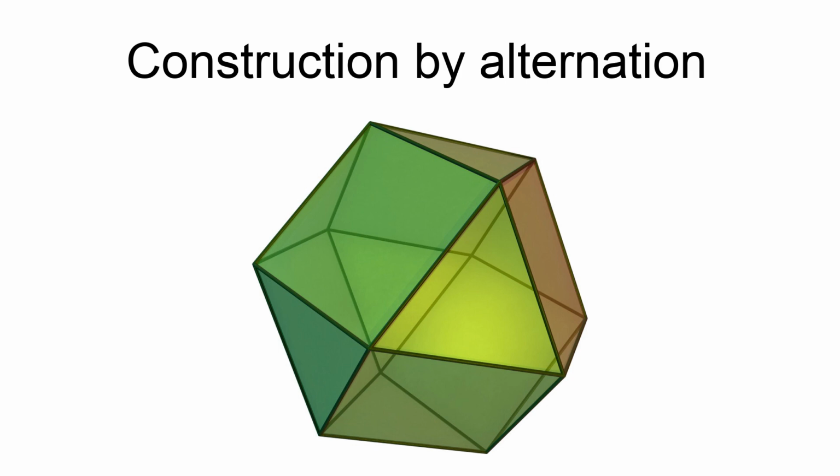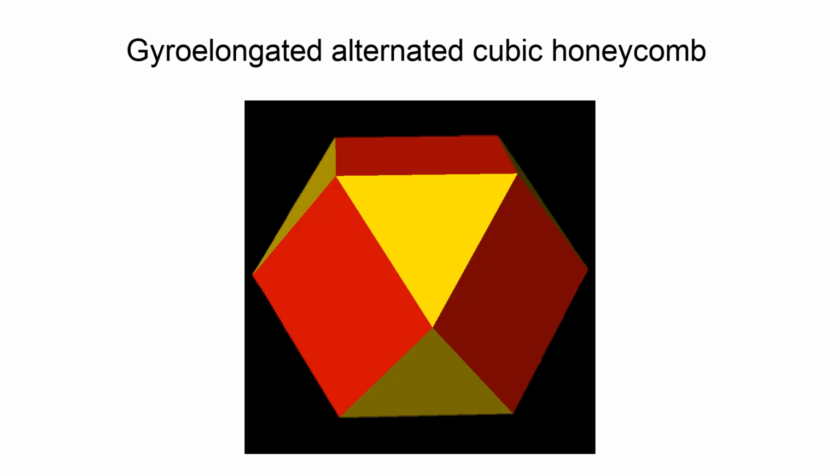It is one of 28 convex uniform honeycombs. The elongated alternated cubic honeycomb has the same arrangement of cells at each vertex, but the overall arrangement differs. In the elongated form, each prism meets a tetrahedron at one of its triangular faces and an octahedron at the other. In the gyroelongated form, the prism meets the same kind of deltahedron at each end.